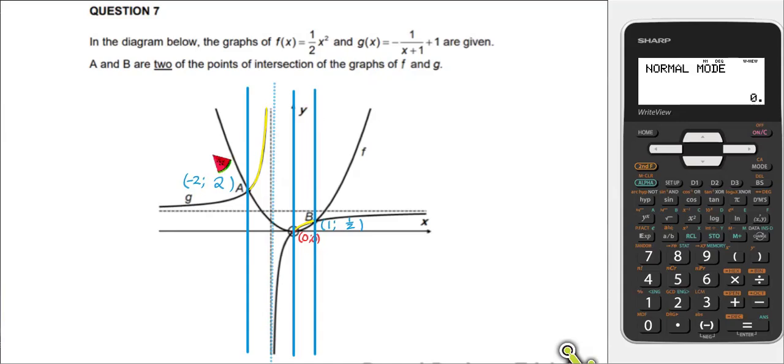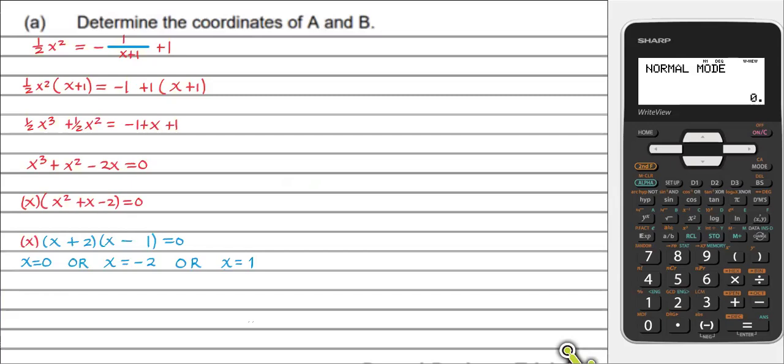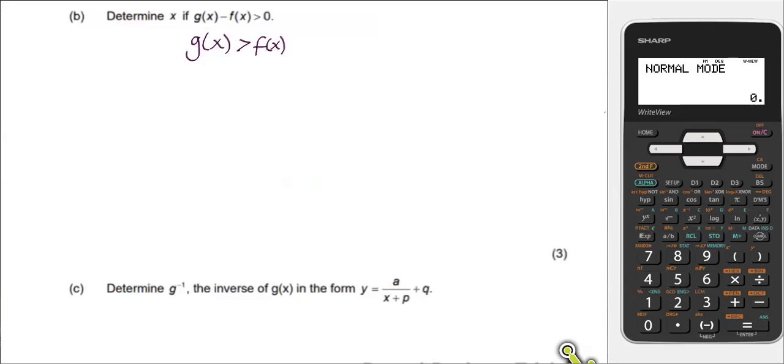So we know it's between -2 and -1, the first yellow. So we can actually give them the answer here. So, okay, guys, the first answer is -2 less than x less than -1.